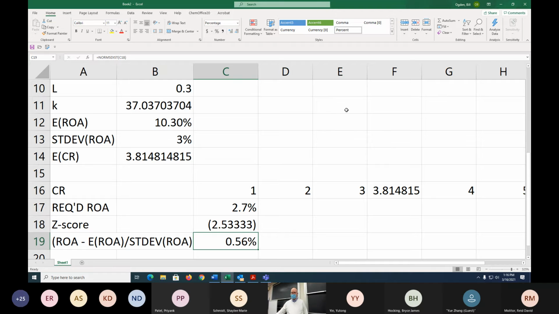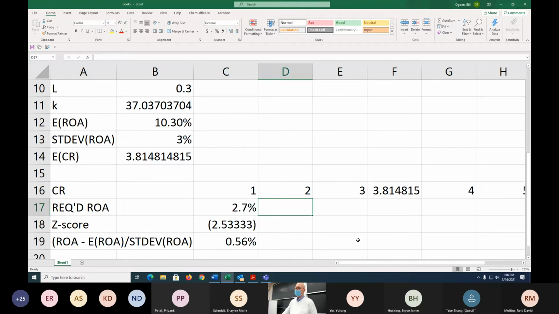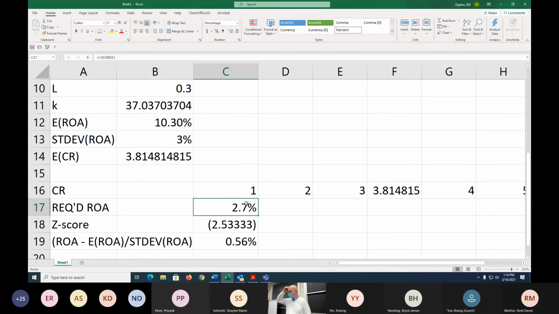Let's see if we can apply some common sense. If it takes 2.7% ROA to cover once, what will it take to cover twice? Double that, precisely. It's got to be double. Sure it does. Hopefully we're in luck here.